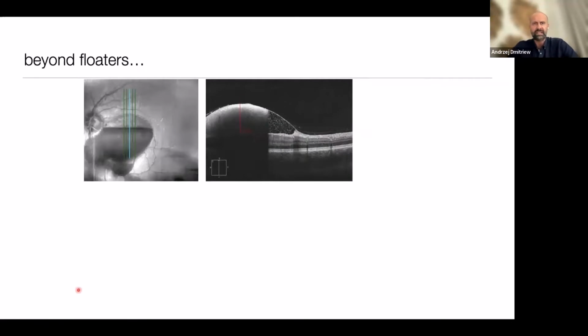However, it's not just the OCT use for decision-making process in floater treatment, but the OCT and YAG laser have a lot of things in common, especially for cases like this. You can see the sub-ILM hemorrhage here in a very young 20-plus-year-old patient with radical loss of visual acuity.